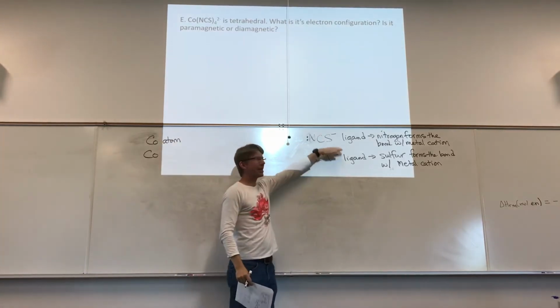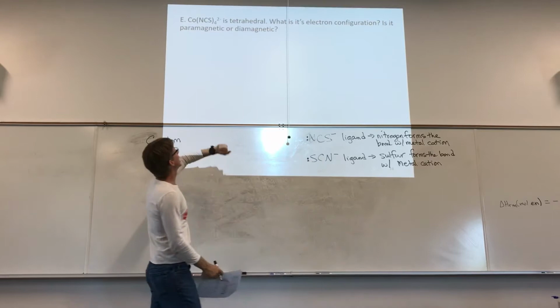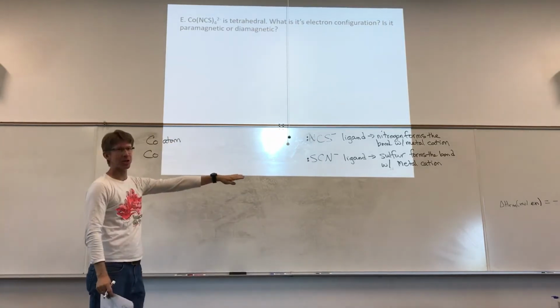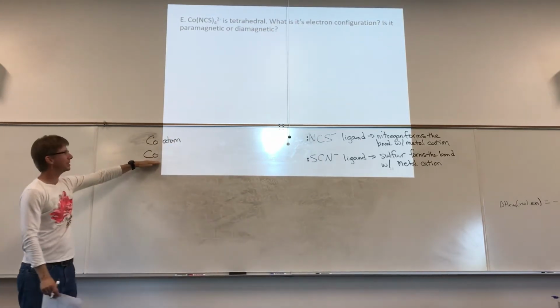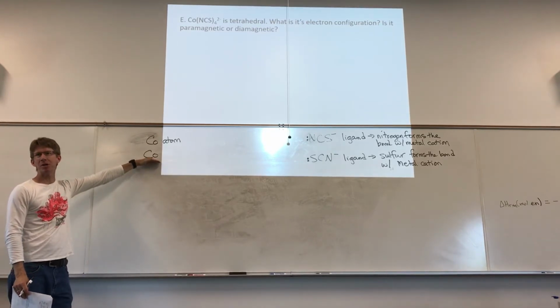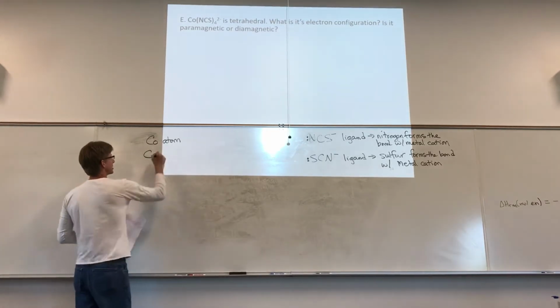In either case, they're negatively charged. Since we have 4 negatively charged, and the overall species is -2, cobalt will be +2, or 2 plus.